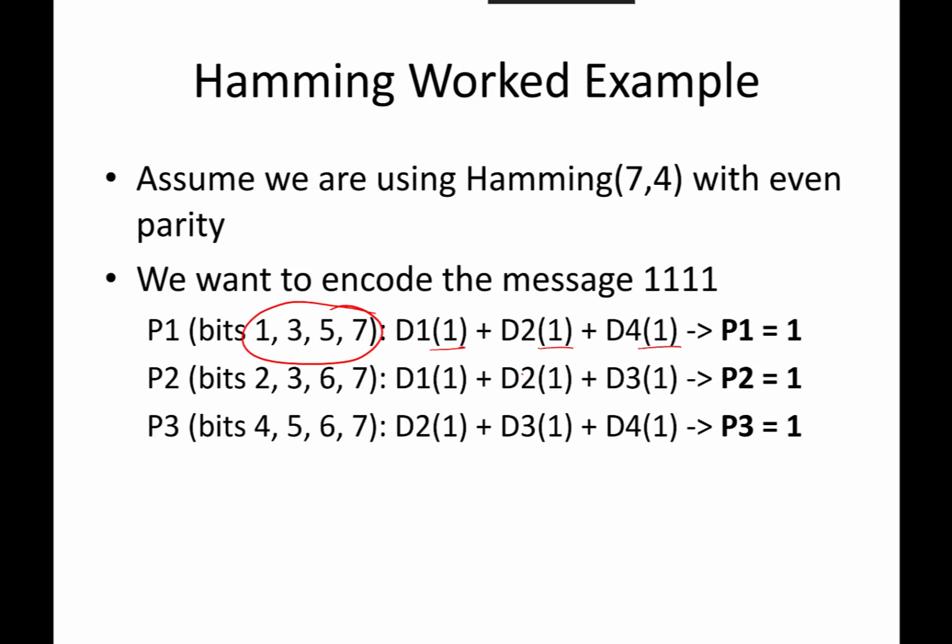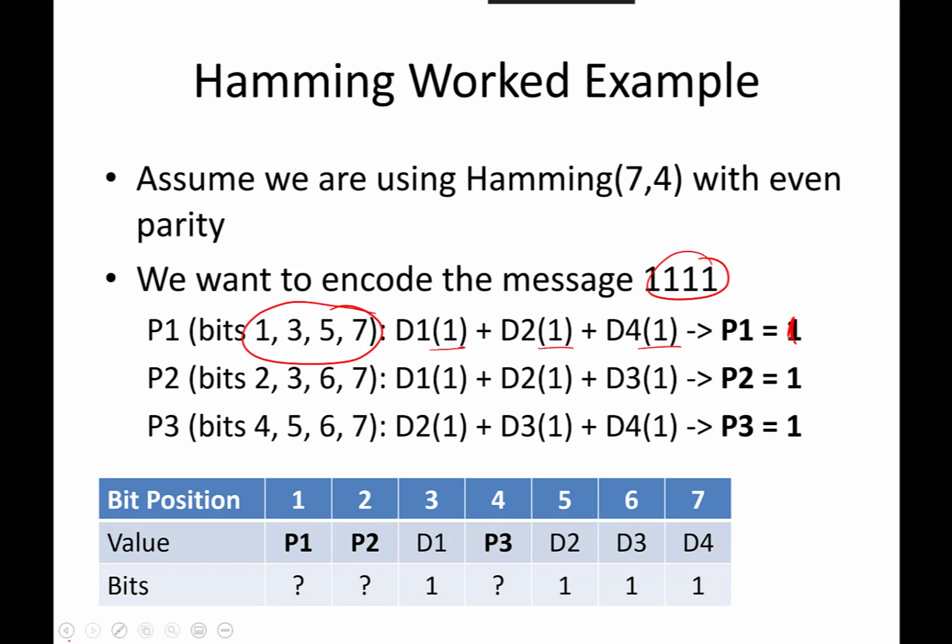Well, what does parity bit 1 need to be? In this case, it will need to be a 1, and so on for all of the other ones. You could change those values to anything you want, and we're trying to encode this message. You put a different message in, it will tell you what parity bits you need out there at the other end. And so when we compute it, we can fill out our table as 1, 1, 1, and this will be all ones.